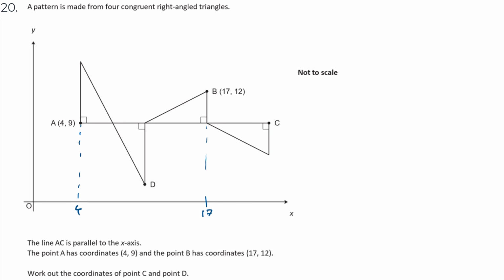Okay, so the distance between here 4 and up to 17, that is the distance of 13. Okay, and that is the same thing as 2 of the shorter sides of my triangle and 1 of the longer sides.